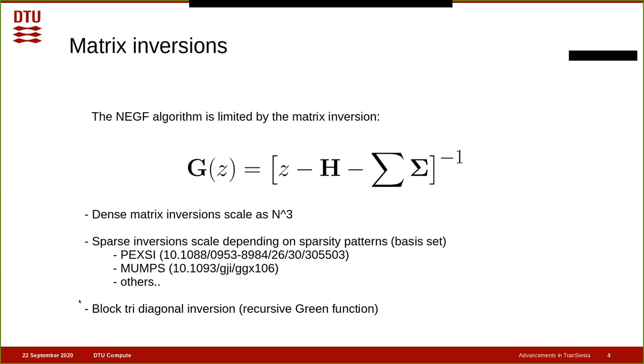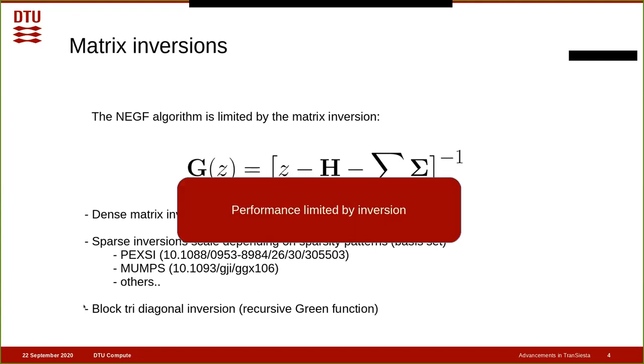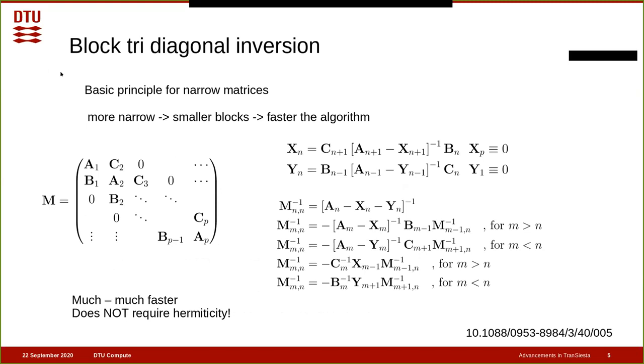Another third way of doing it is the block tridiagonal inversion. And this is what we have implemented in TranSIESTA, which seems to give the best performance for a large variety of systems. The block tridiagonal inversion algorithm is actually very simple. You have any kind of matrix that can be expressed in this form, with a diagonal, and then a small upper diagonal and a small lower diagonal.